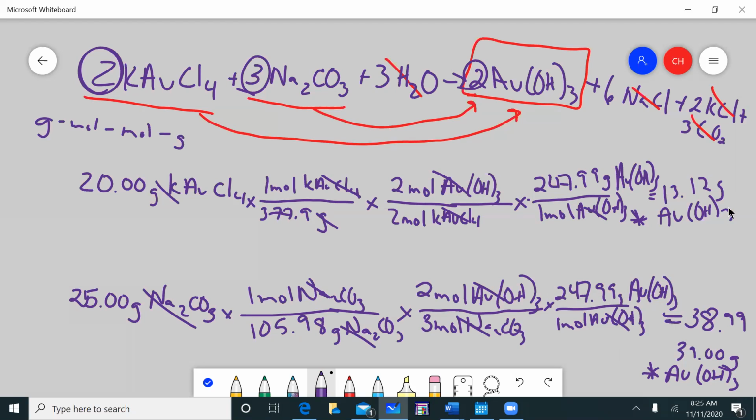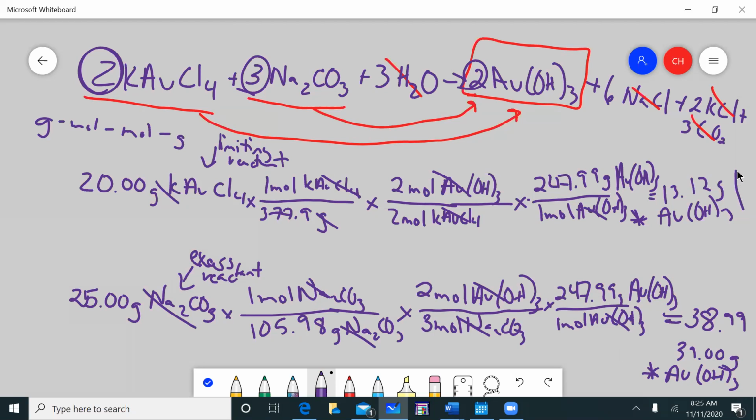Now that we have both of them in the product, it's easier to see which one is the limiting reactant. Okay, so the limiting reactant is this. It's the KAuCl4. The excess reactant is this. It's whatever we'll have more of at the end.